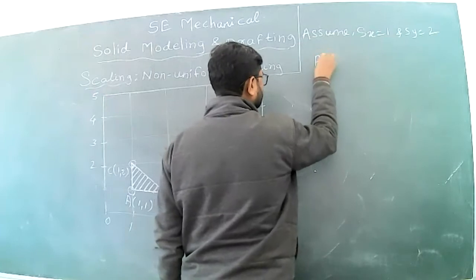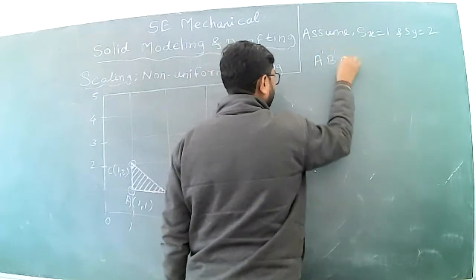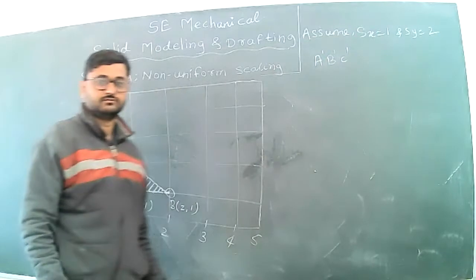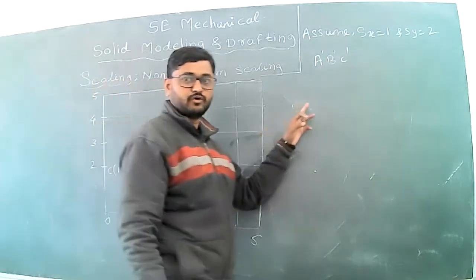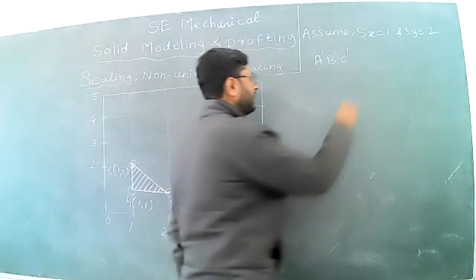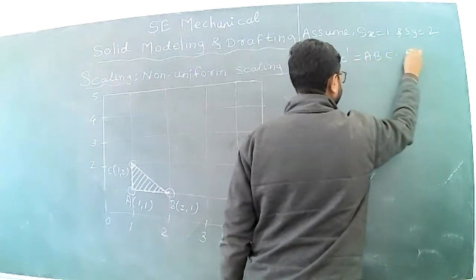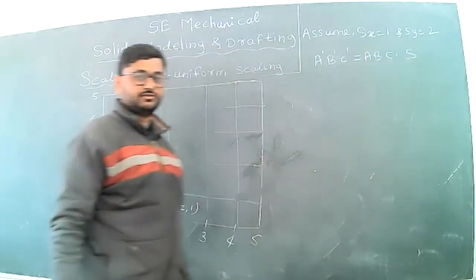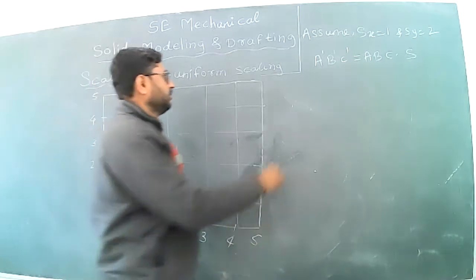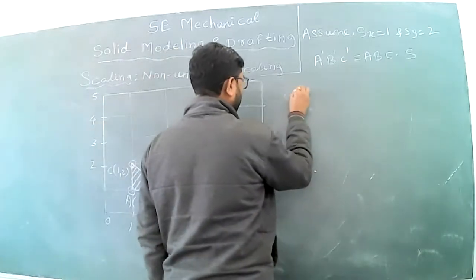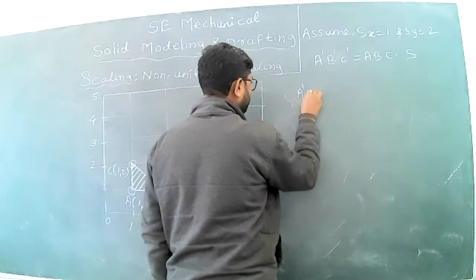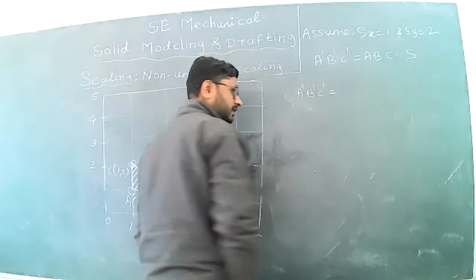So our formula becomes here to transform a triangle. That's why here we consider points A dash, B dash, C dash is equal to A, B, C into S. Where S is scaling parameter. So therefore A dash, B dash, C dash.